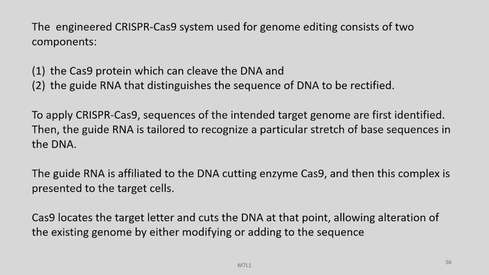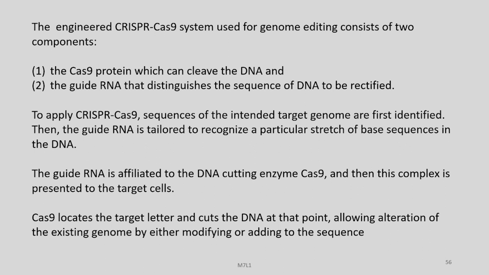The engineered CRISPR-Cas system used for genome editing consists of two components: the Cas9 protein, which can cleave the DNA, and the guide RNA that recognizes the sequence of DNA to be rectified. To apply CRISPR-Cas9, the sequence of the intended target genome is first identified, then the guide RNA is tailored to recognize a particular stretch of the base sequence in the DNA.